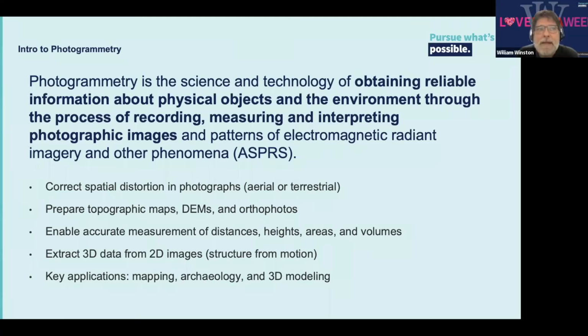So they devised some methodologies for correcting that spatial distortion that would allow the preparation of topographic maps, digital elevation models, and orthophotographs. These are items that you could actually take accurate measurements from as far as distances, heights, areas, and in 3D, we can measure volumes.